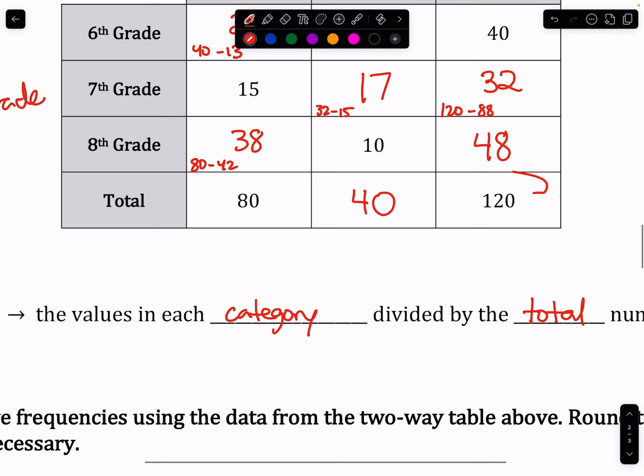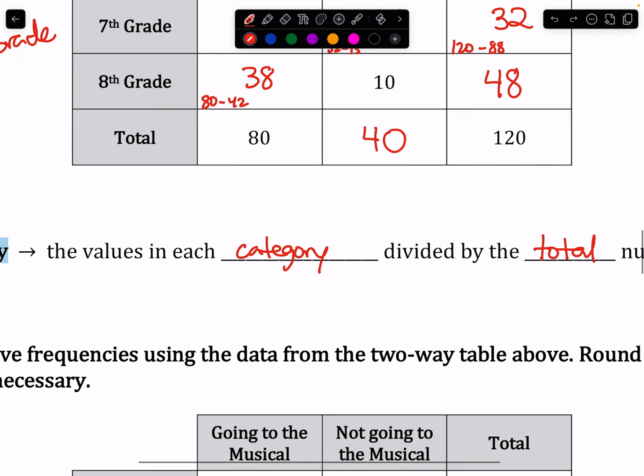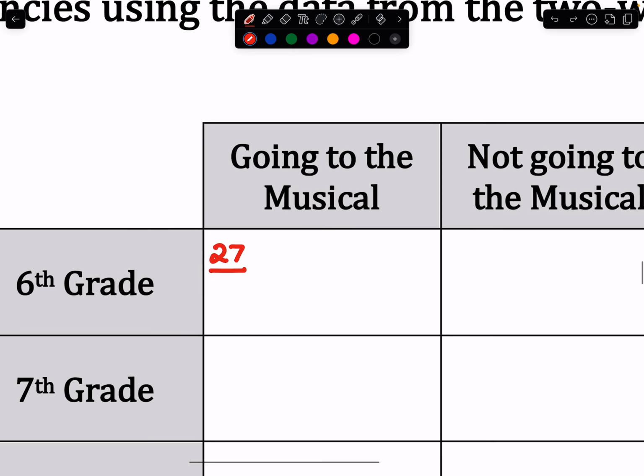Well, if I scroll back up, we had 120 total students. So 27 out of 120, you can do that on a calculator. And if we round that, we get 0.23. And the reason why we want two decimal places is because that then tells us that this is 23%.